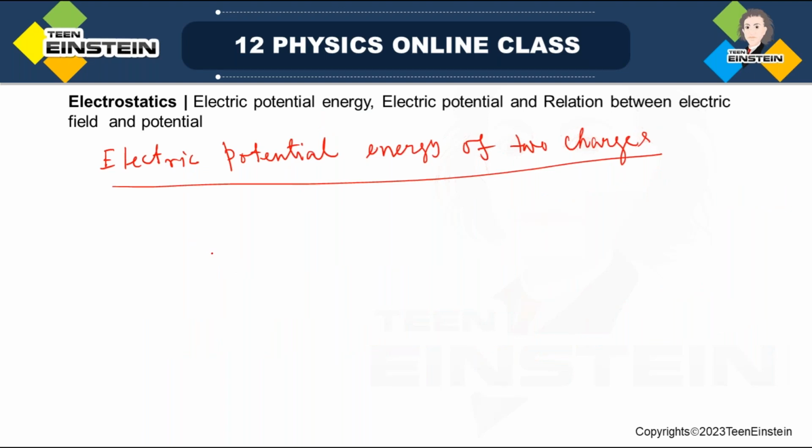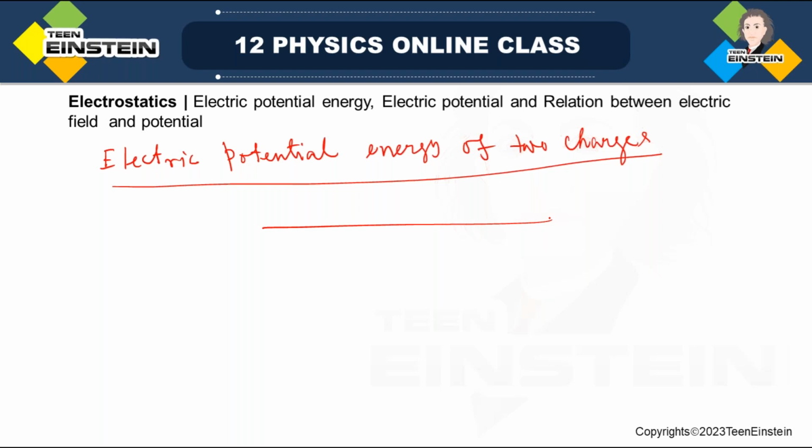But when we talk about the potential energy of two charges, the electric field will not be constant, or the force will not be constant or uniform. The electric field will be varying, as you know. If I calculate the work done on a charged particle Q0 which is moving in a non-uniform electric field caused by another stationary single charge Q.